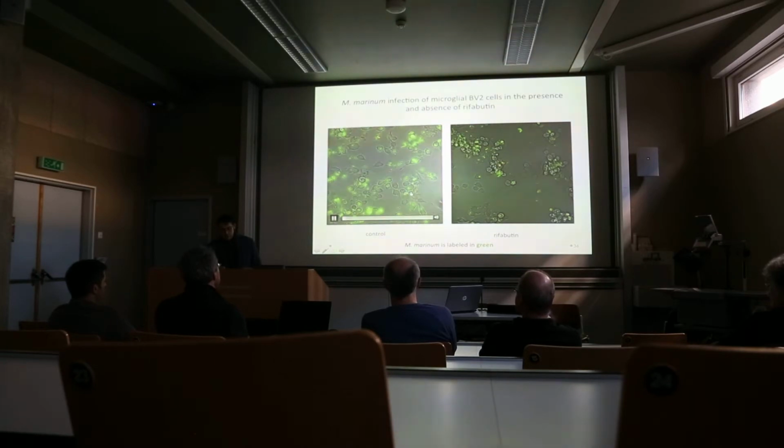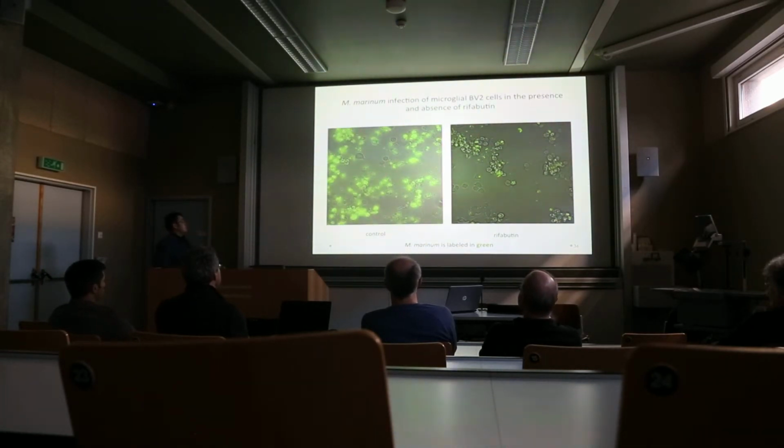So here is the example of the control, basically the vehicle control. You see the infection, and you see that the amount of bacteria is not decreasing over time, it's increasing over time. We also observe some cytotoxic activities on the cells.